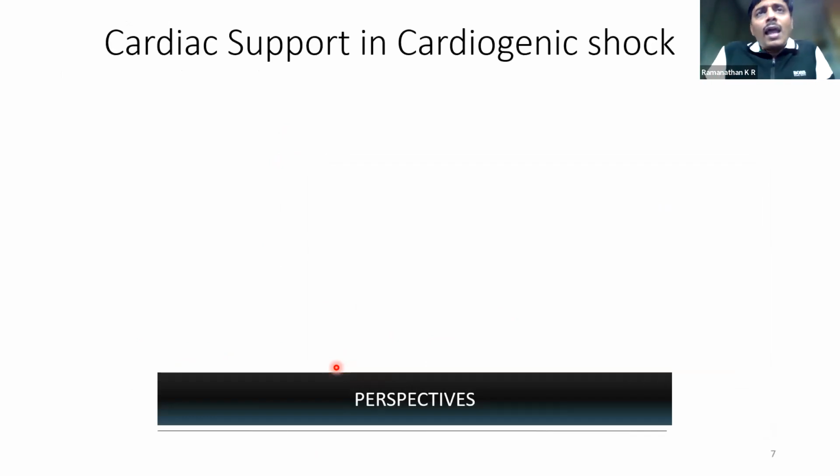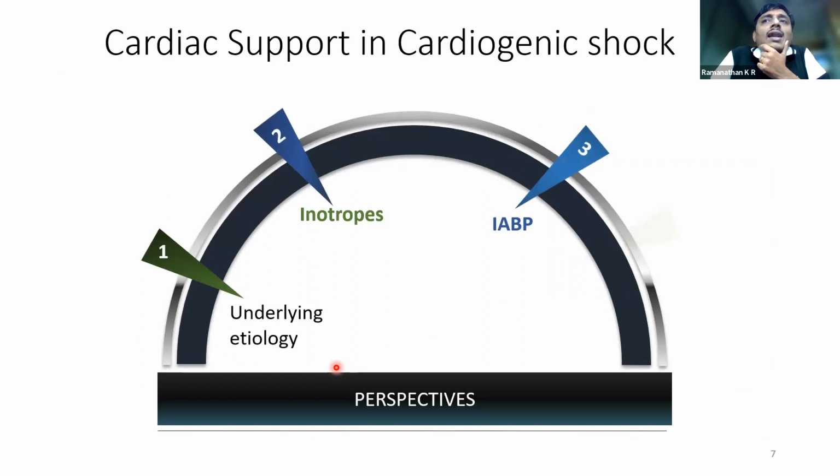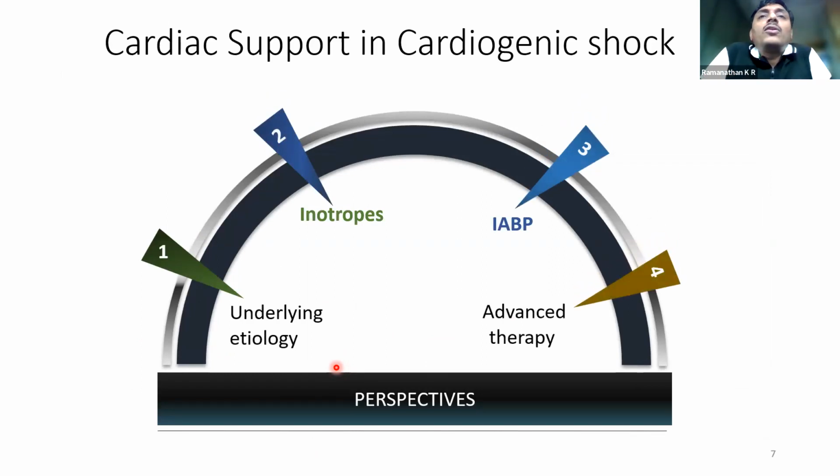Now, as far as cardiac support in cardiogenic shock goes, there are 4 aspects that are going to be important. One, the management of shock state per se. The second, and the first and foremost part, however, would be management of the underlying etiology.